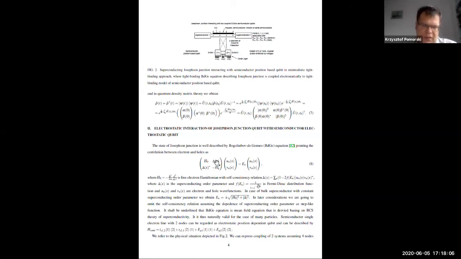So there is a delta(x) on its anti-diagonal, and there is H0, and this H0 is the Hamiltonian of a free particle.